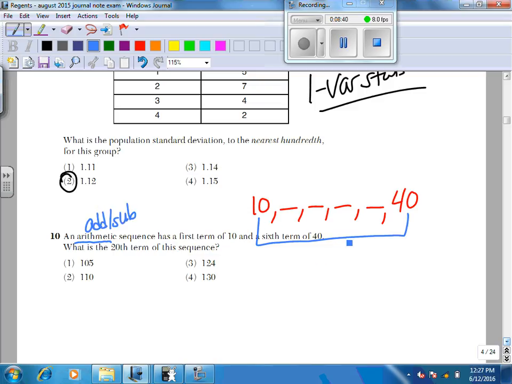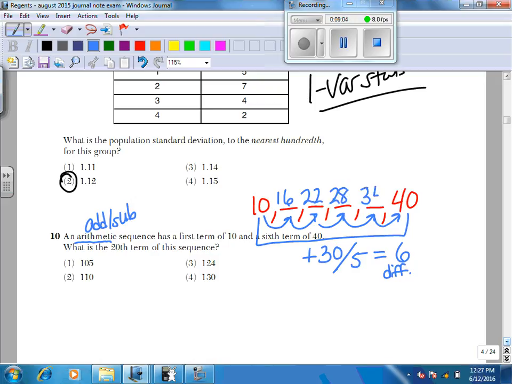We have gone a total distance of 30 from 10 to 40, but we've done that over 5 additions. So that means each addition is 6, so our common difference is 6. That would make it 16, 22, 28, 34, and 40.